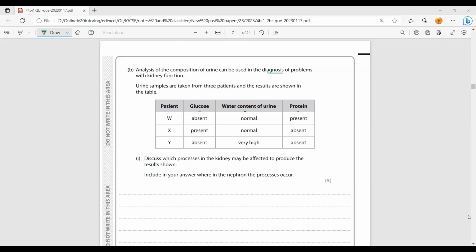And in patient X, the process is going to be selective reabsorption in the convoluted tubule. Which convoluted tubule? You have to tell me. I forgot.